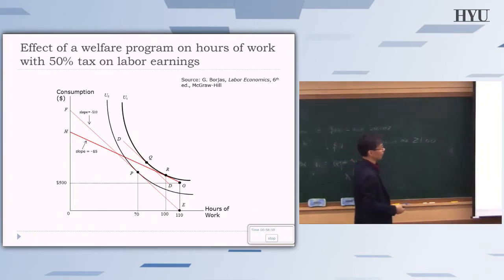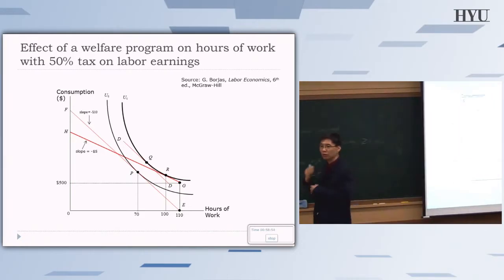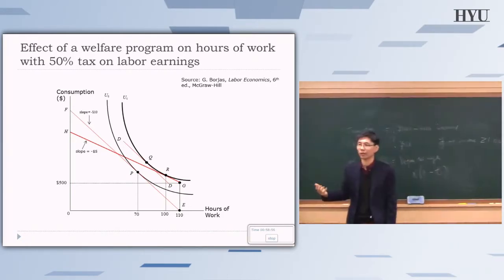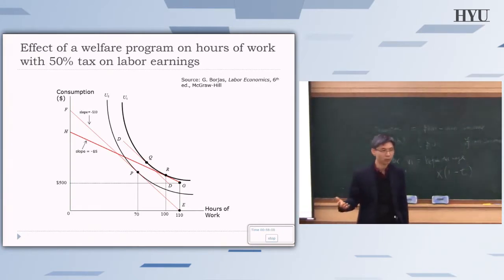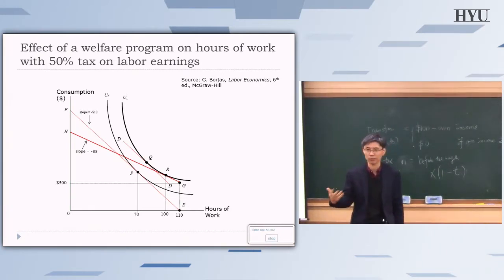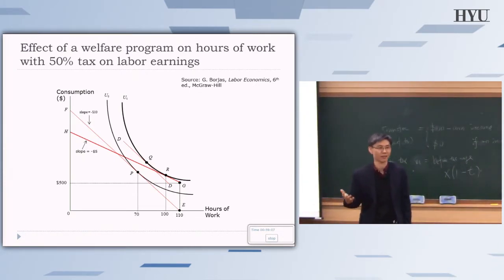You may say that this welfare program is just too simple. We can tweak the welfare program to not have this type of effect. We may have a program that makes people work more in some way and gives money at the same time.